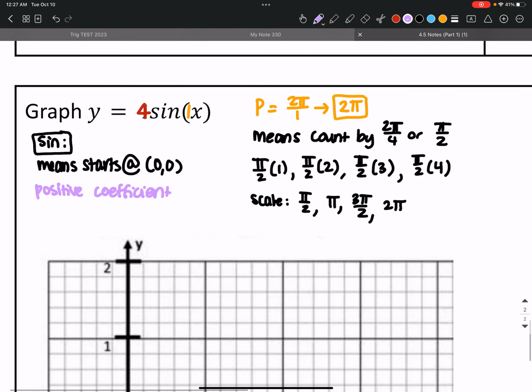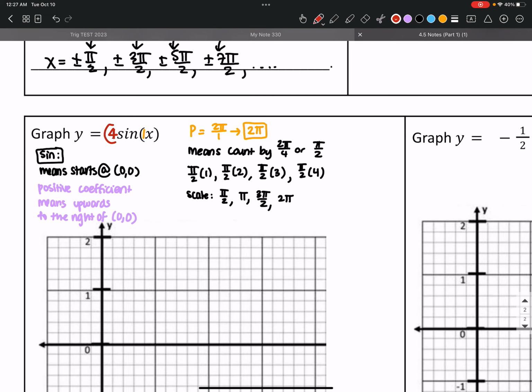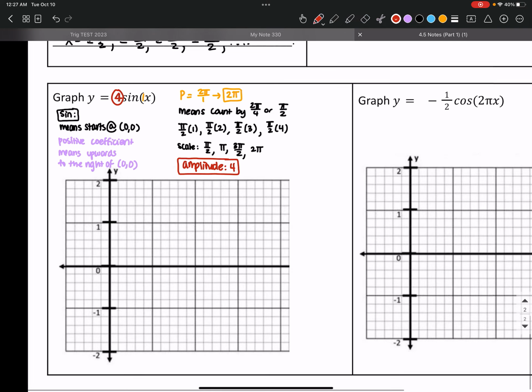So I know that it means that I'm going upwards, or to the right of 0, 0. And then I also know from this 4 in front that the amplitude of this graph is 4. So I'm going to keep all of that in mind when I'm graphing this.